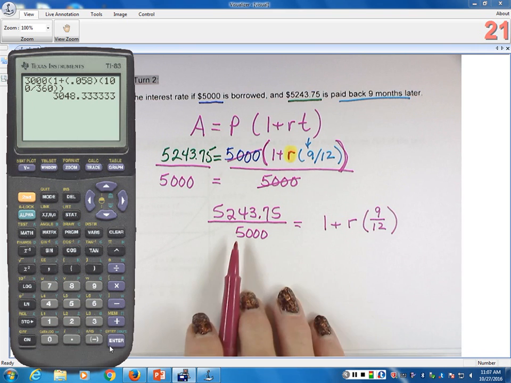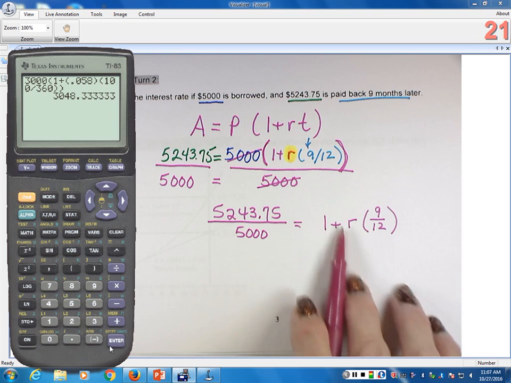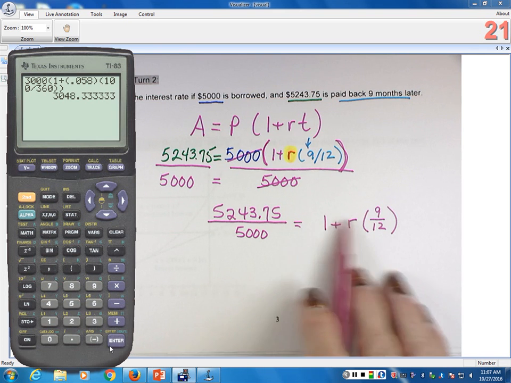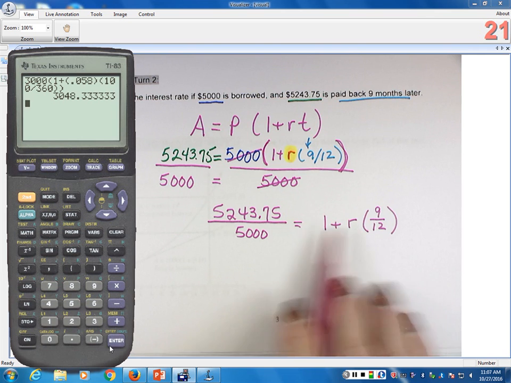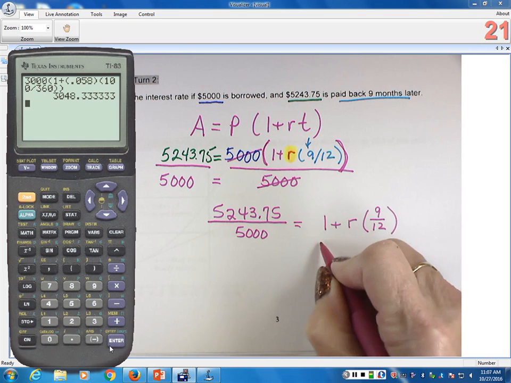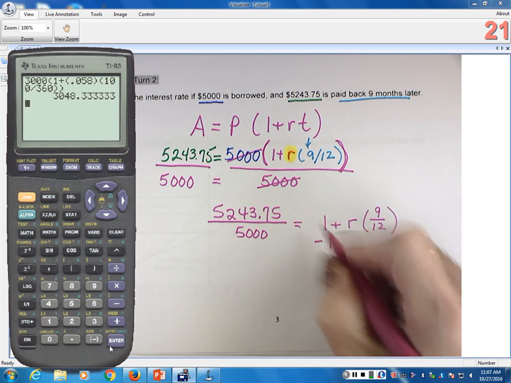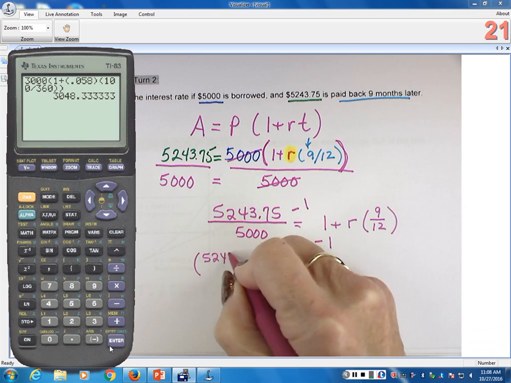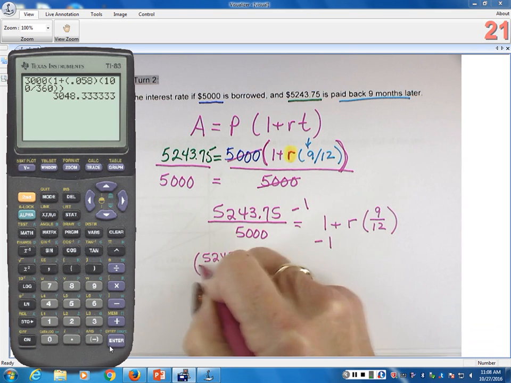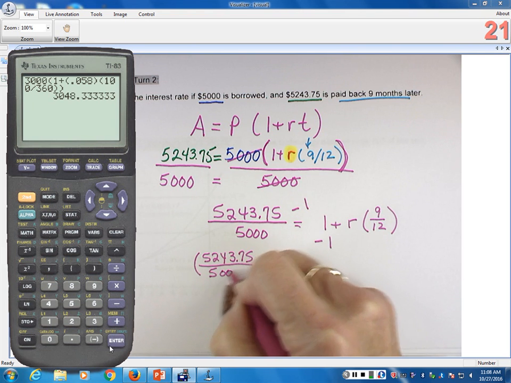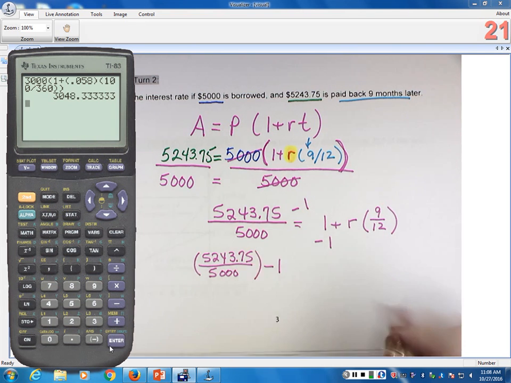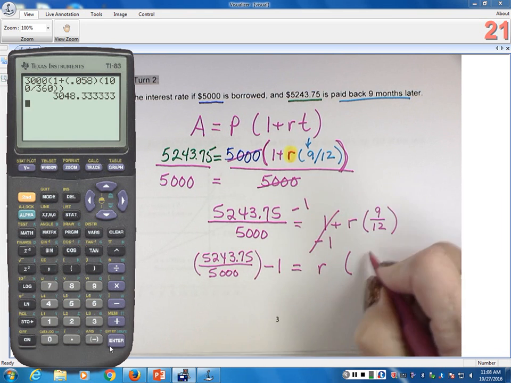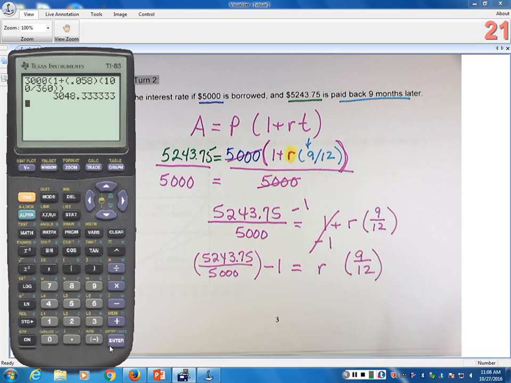At this point, I've got a fraction and my expression in R on the other side, and this is 1 added to R times something, so I need to subtract 1 from both sides. So now I've almost got it solved for R.